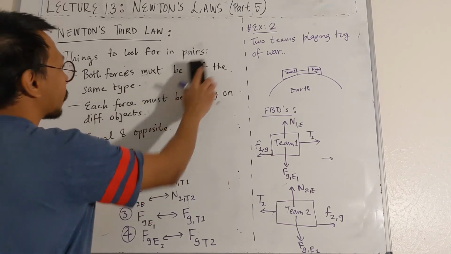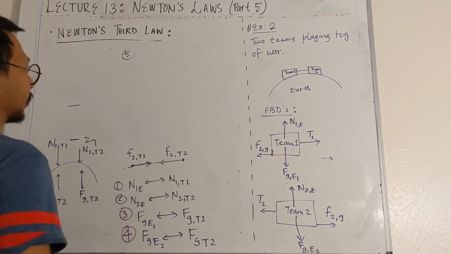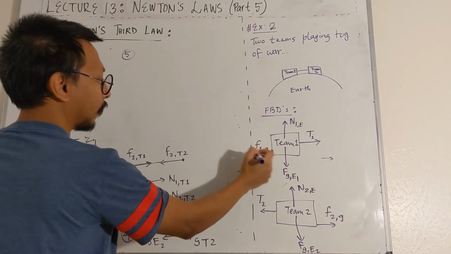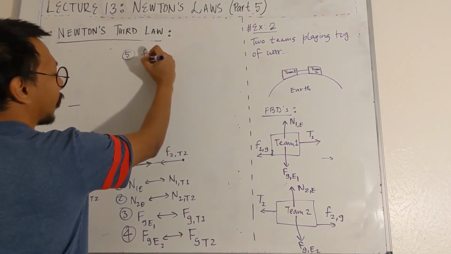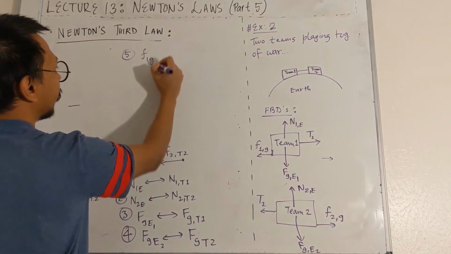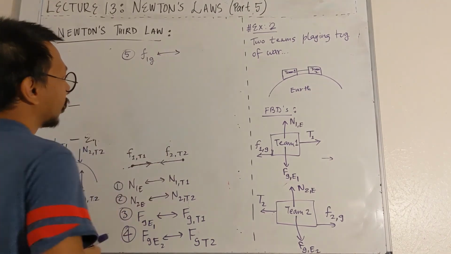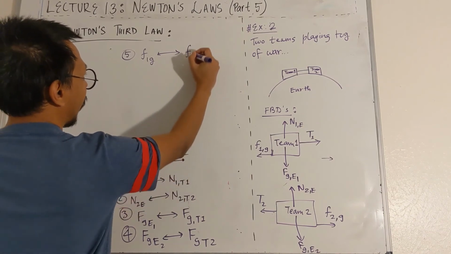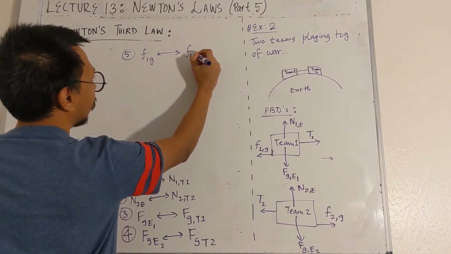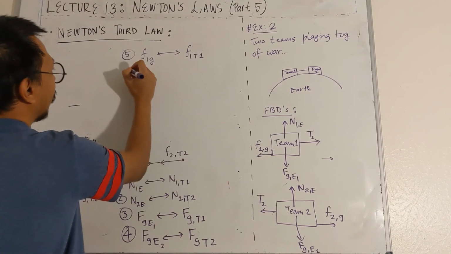What else? We have the frictions left over. So the frictional force that team 1 feels from the ground, F1G, is paired with the frictional force the ground feels from team 1, F1T1.